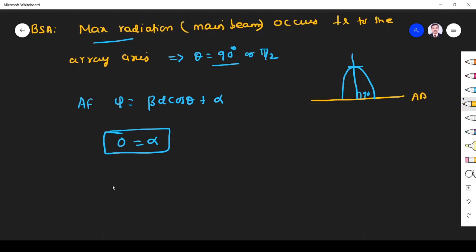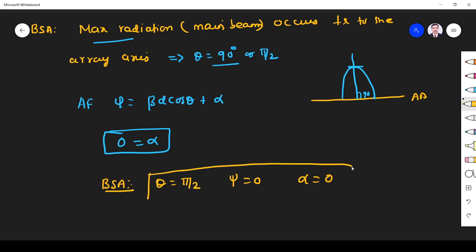So whenever we think of a broadside array, these parameter values should be kept in mind. One is theta is pi by 2, psi 0, alpha 0. These three are the fundamental characteristics of broadside array. Theta pi by 2 implies that maximum radiation occurs perpendicular to the array axis.